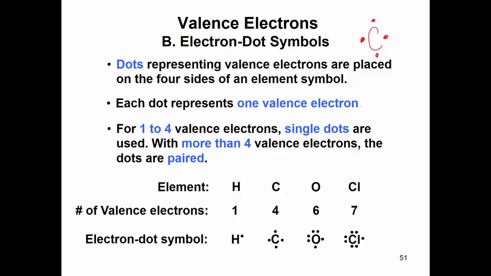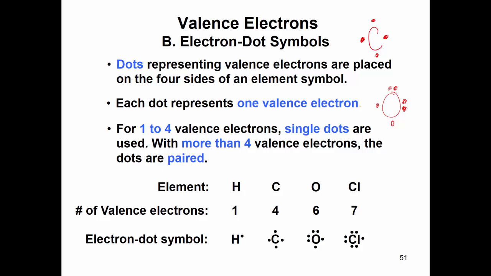You're going to place them singly into those 4 sides first, and then double them up if you have to. So something like oxygen has 6 valence electrons. So 1, 2, 3, 4. Now I have to pair them.